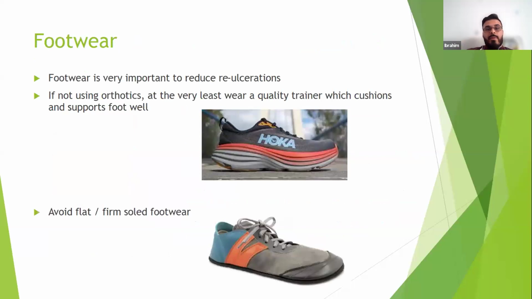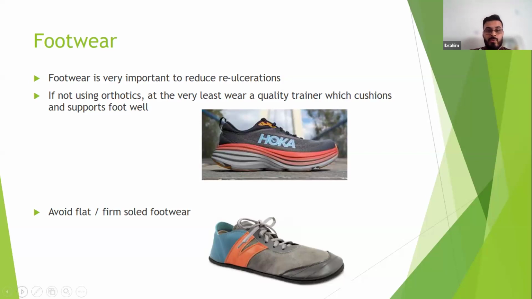So at the very least, footwear is very important to reduce re-ulceration. Most patients, well, some patients may not like the idea of insoles or orthotics. If not, at the very least, they want to be wearing a good quality trainer which offloads or cushions the foot very well.